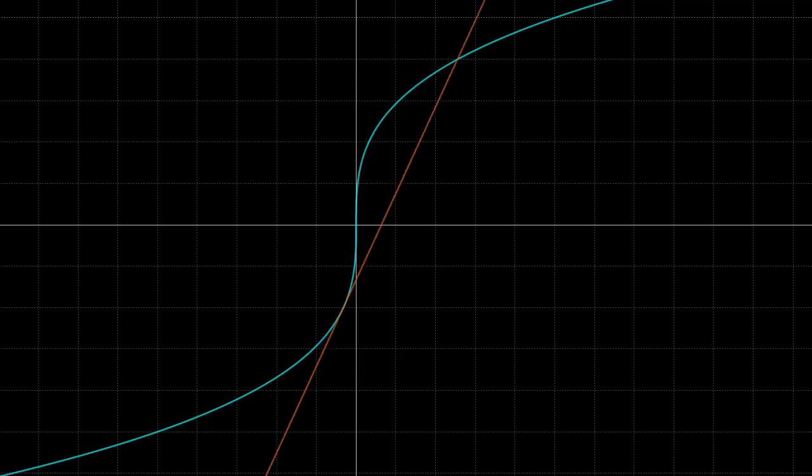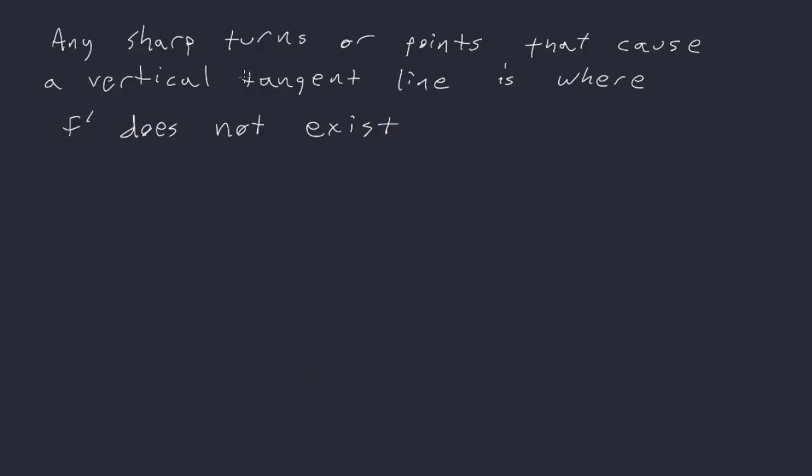Okay, so what this is getting closer and closer to is this vertical line here. This is the tangent line of the function at this point. It's a vertical line, therefore it's an undefined slope. So essentially, anywhere that's going to cause a vertical tangent line is also going to cause a function to not be differentiable. Okay, so just to round that up, any sharp turns or points that cause a vertical tangent line are where f prime does not exist.